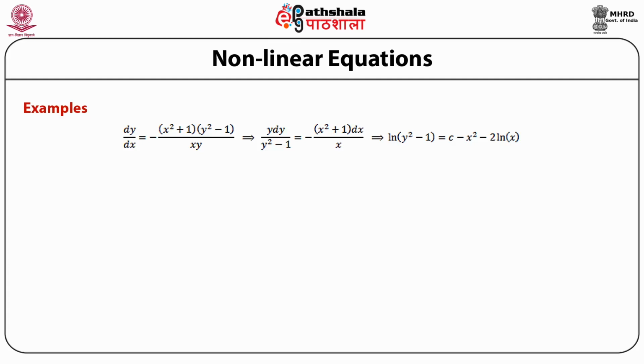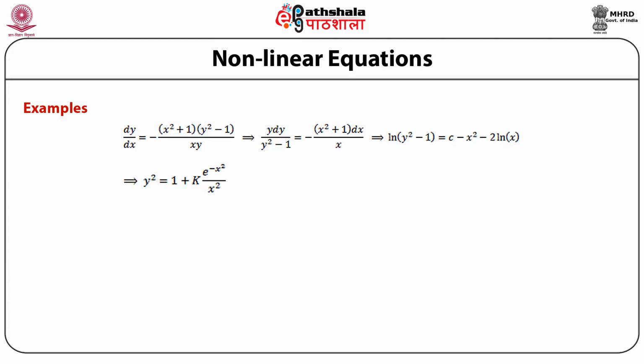On integrating the equation, we obtain natural logarithm of (y square minus 1) is equal to c minus x square minus twice the natural logarithm of x. Y square is equal to 1 plus k times e raised to power minus x square, divided by x square.